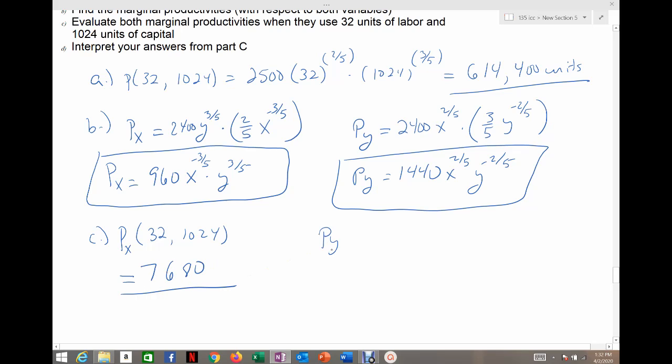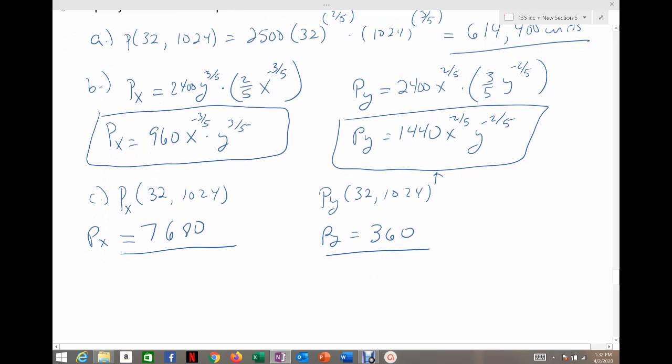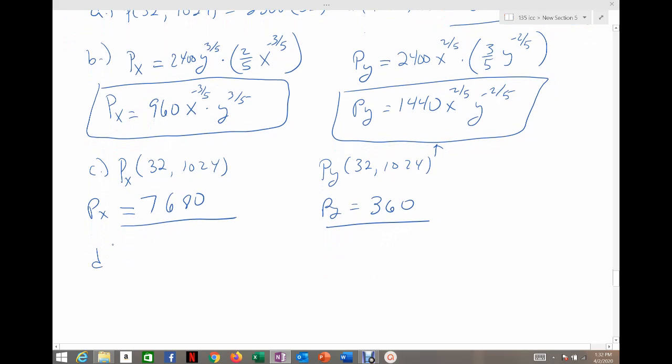Okay, and then with respect to y, same xy, but different function. All right, so again, that's going into that function. All right, make sure you're careful when you plug it in. 360. All right, then the last part is to, well, what is that telling me?